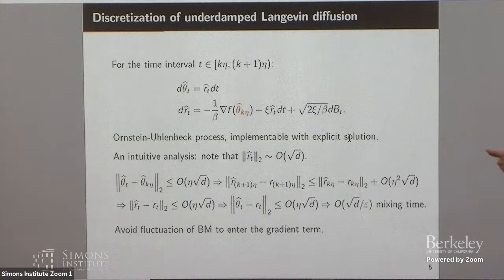You have a generic Gaussian-like vector in this D-dimensional space, and you try to integrate that, and you use the starting initial point to approximate this integral, and this naturally leads to eta times root D discretization error if you take your step size to be eta. There's nothing much more we can do here.